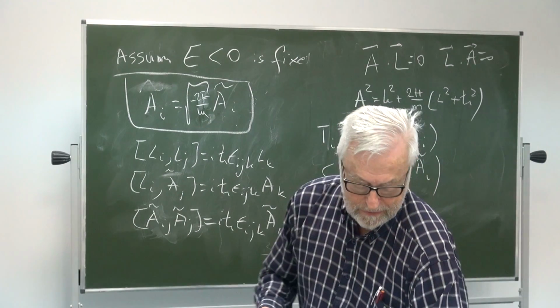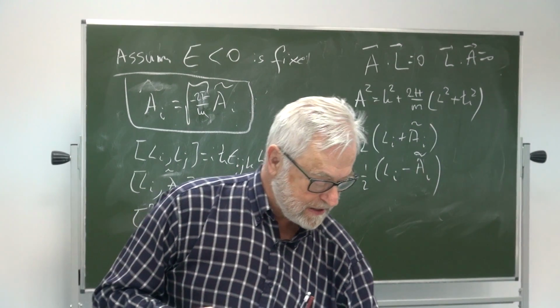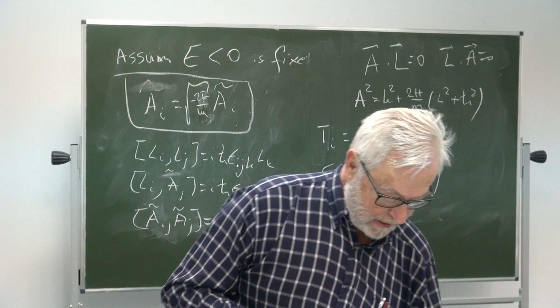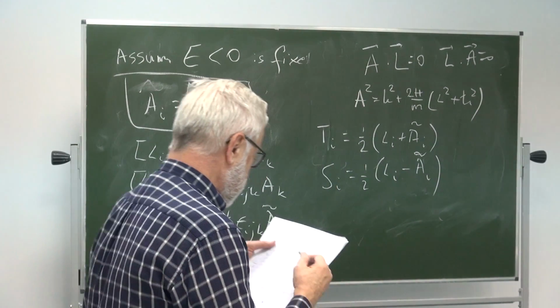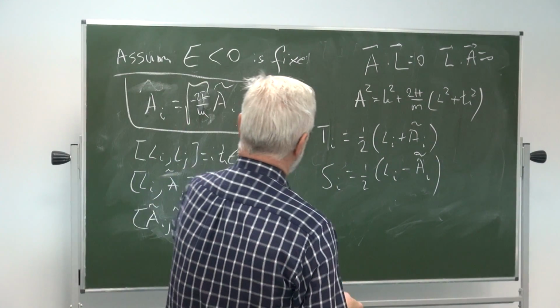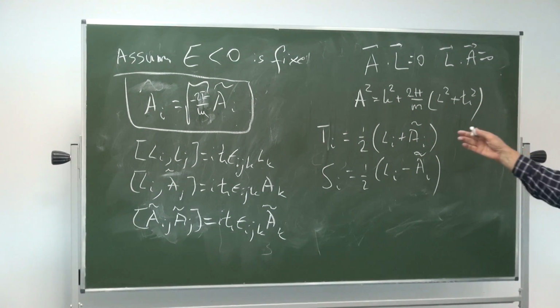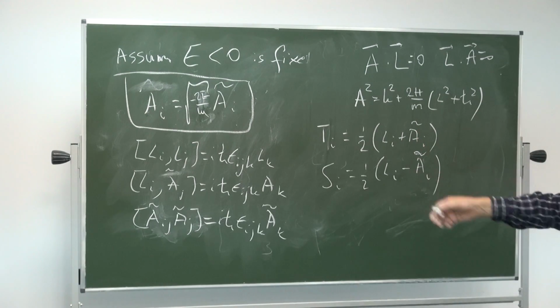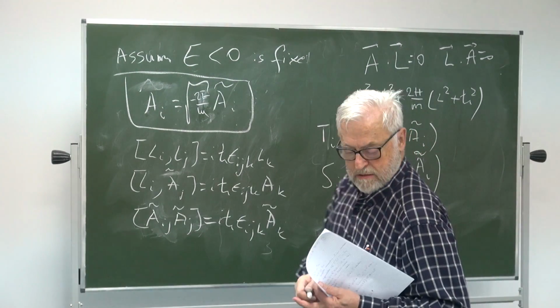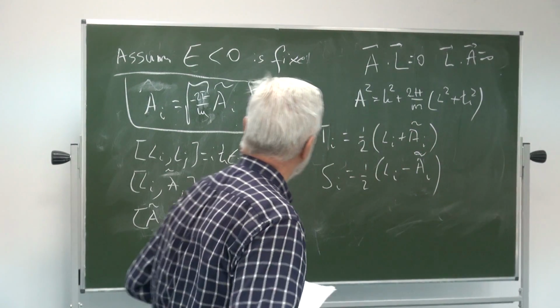As you can guess, our next exercise is again to compute the commutators. That is now very easy. We have simple algebra on the left. We can use now this S and T, and it's very easy.